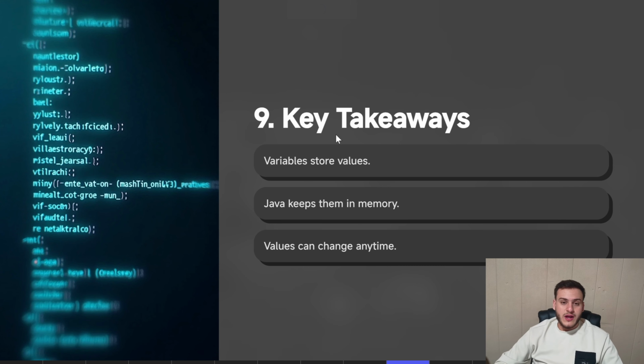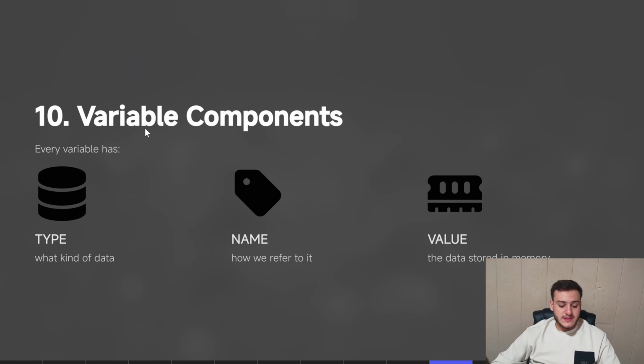So what we have covered till now: variables store values. As we said, Java keeps them in the memory. Values can change anytime. We can update values anytime. As we said, variable components. The variable has a type, what kind of data. I will cover all the data types of the variables later on. It has a name, how we refer to it.